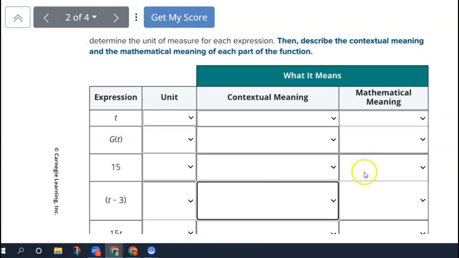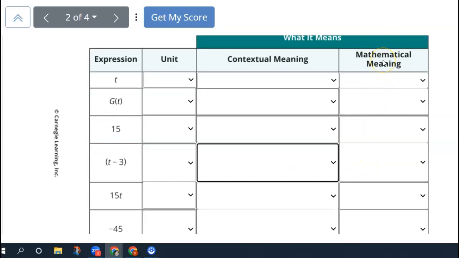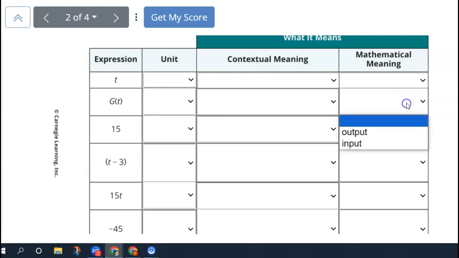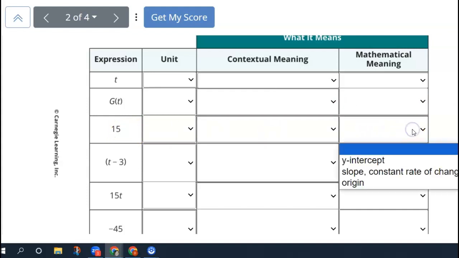Then here, for mathematical meaning, you decide what it means in math. So t, our variable t, which we said is like an x, is that an input or an output? G of t that we said is like y, is that an input or an output? 15, that's the price per shirt.